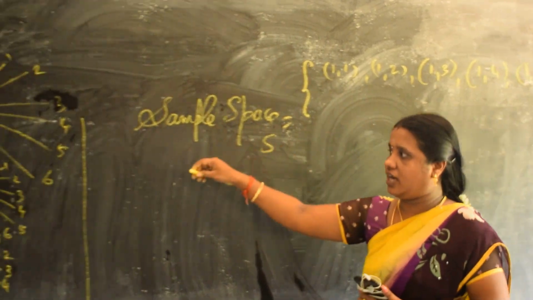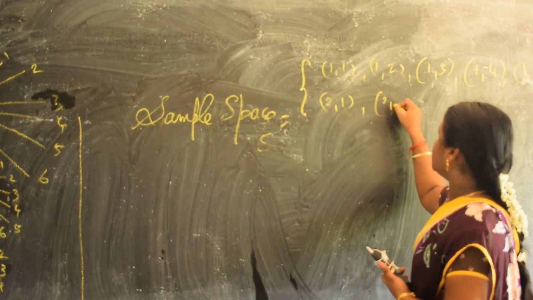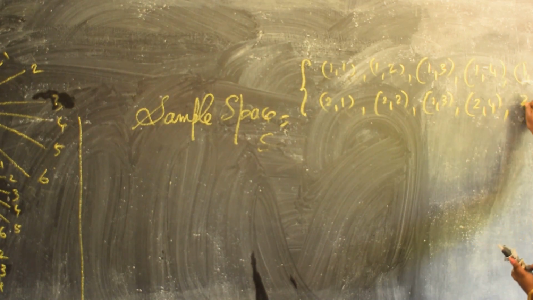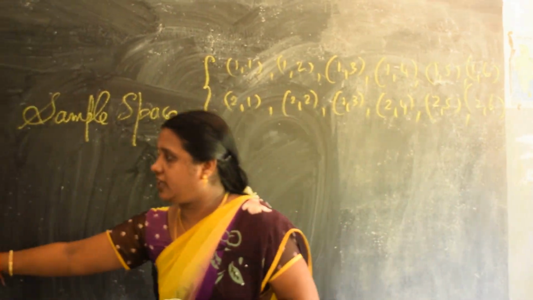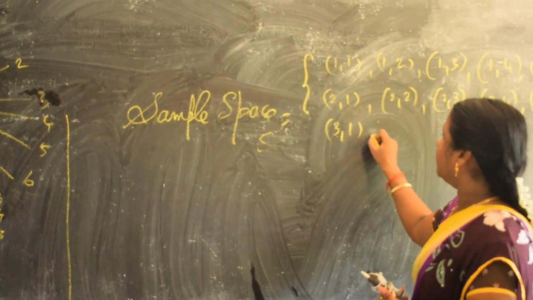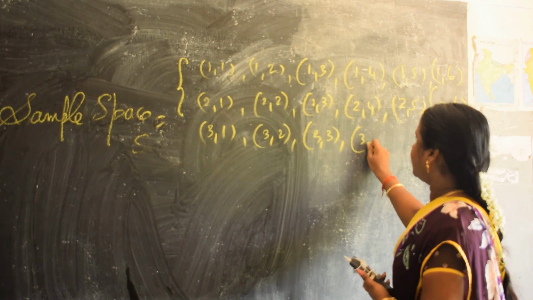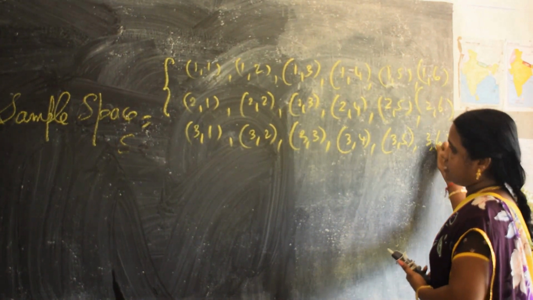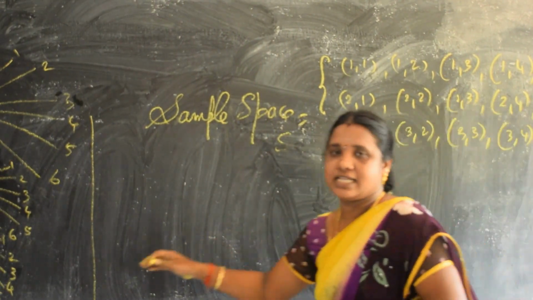Next you have to write it for number 2. So 2,1; 2,2; 2,3; 2,4; 2,5; 2,6. Next for the number 3: 3,1; 3,2; 3,3; 3,4; 3,5; 3,6. Like this you have to write it for 4, 5. Then our last is 6.